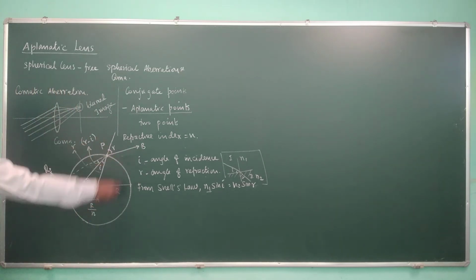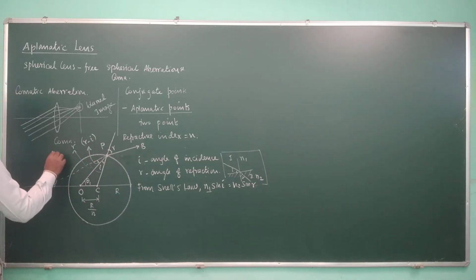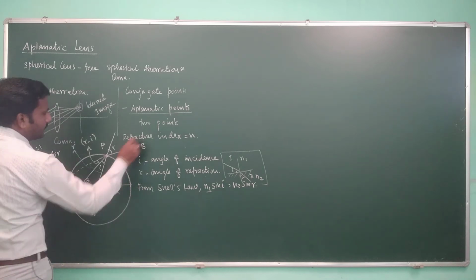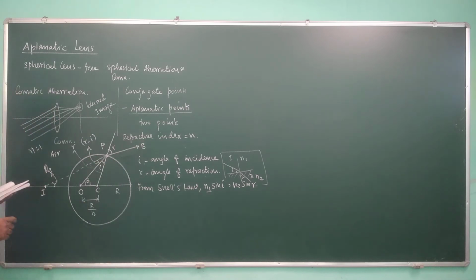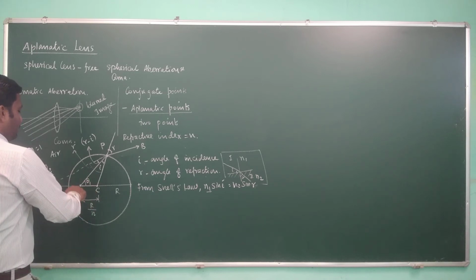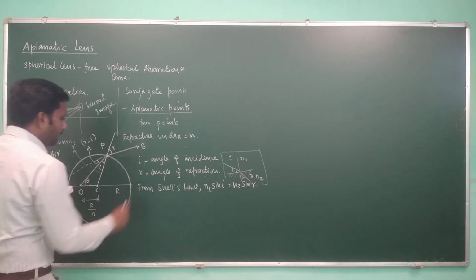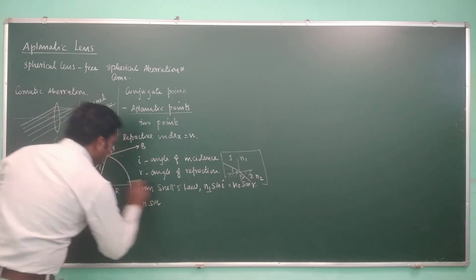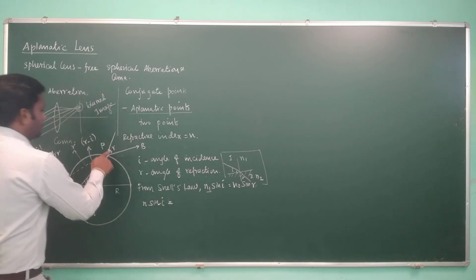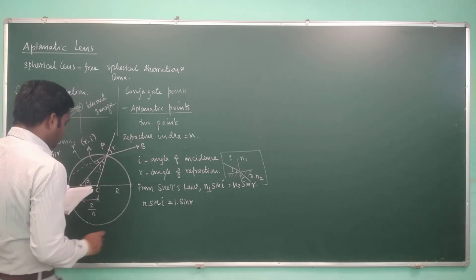Now apply Snell's law here. The spherical surface is made of glass inside, and outside it is air. For air, the refractive index is 1. For glass, let us take the refractive index as n. If we apply Snell's law for the light ray traveling from O to P and P to B, we can write n sin I equal to 1 sin R, since outside it is air.